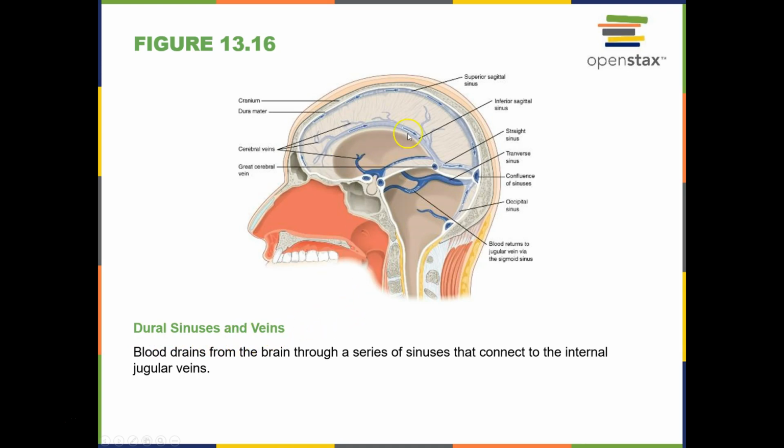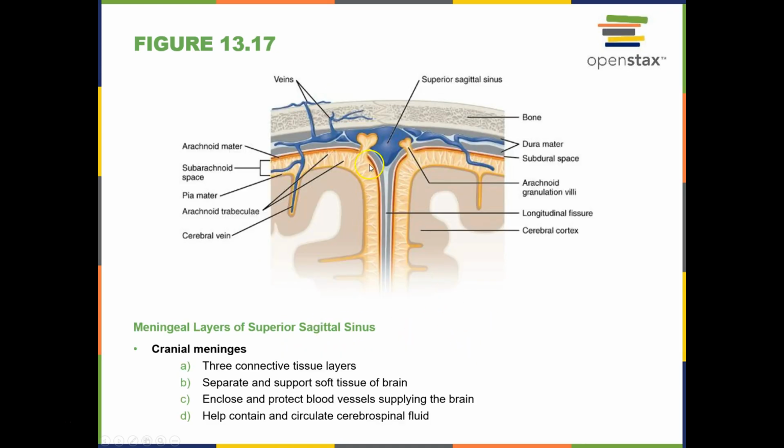And these sinuses all drain into the internal jugular vein. So the internal jugular vein then sends the blood out and into, eventually, the brachiocephalic vein, which will then dump into the superior vena cava and get reoxygenated.